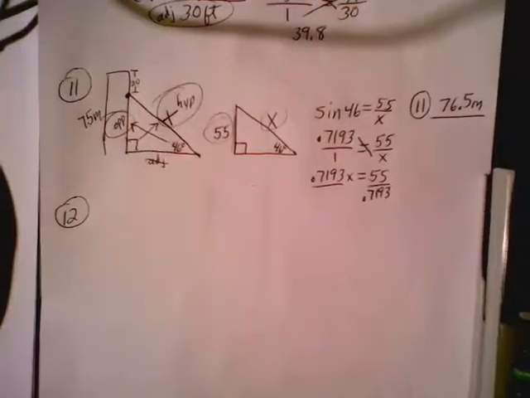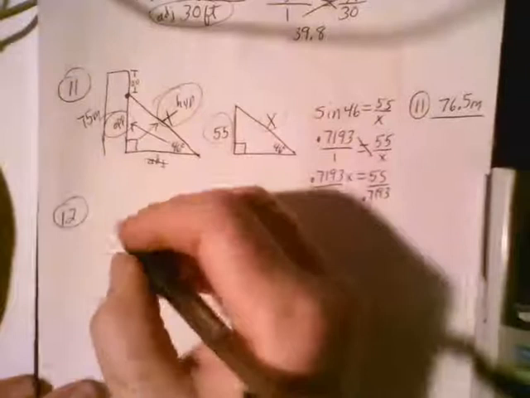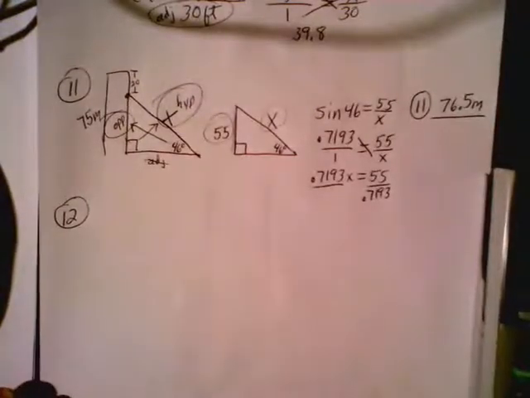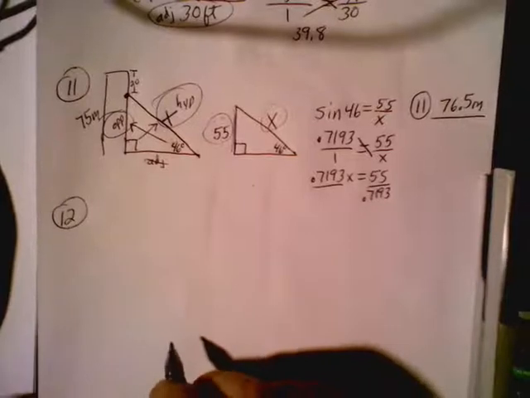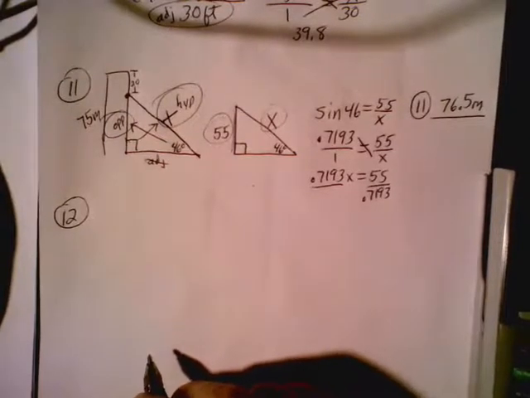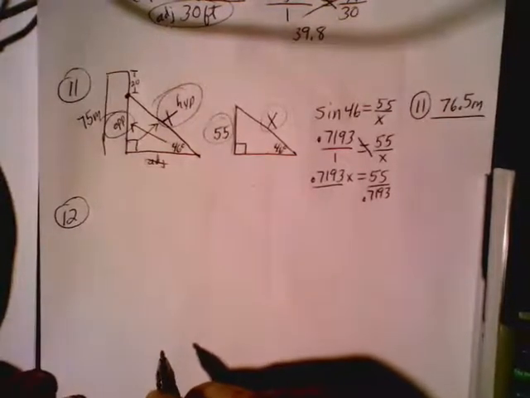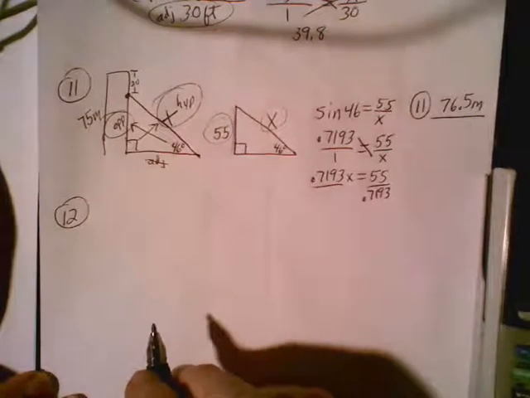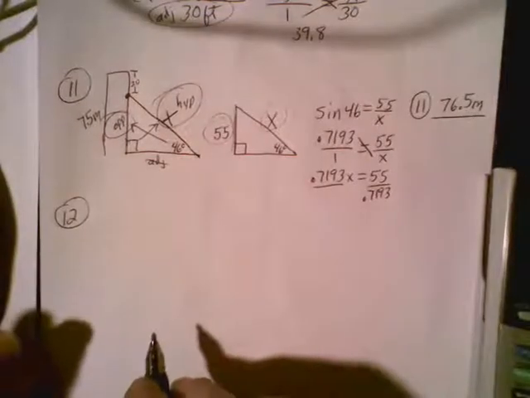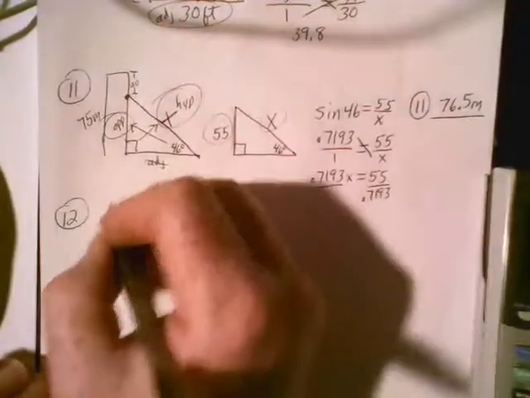Number 12. An observation tower is 75 meters high. That's number 11. Number 12, at 10 a.m. a person observes a hot air balloon climbing vertically in the air from a point 300 meters away from the launch pad. For the balloon, the angle of elevation to the top of the balloon is 25 degrees. So we got our balloon.